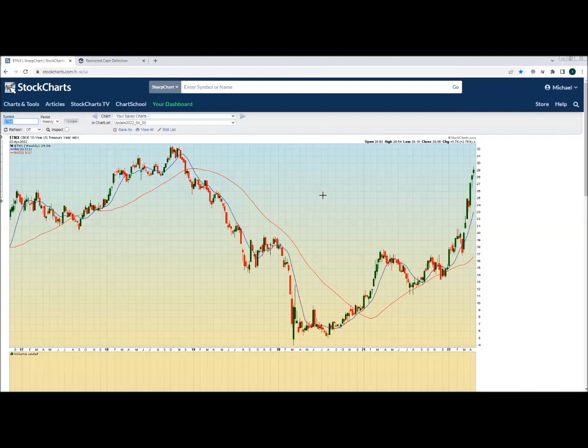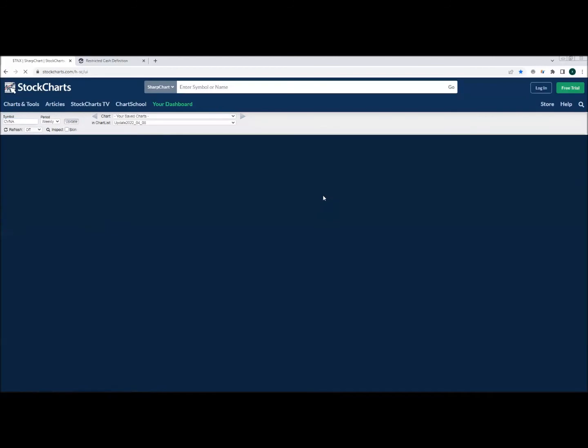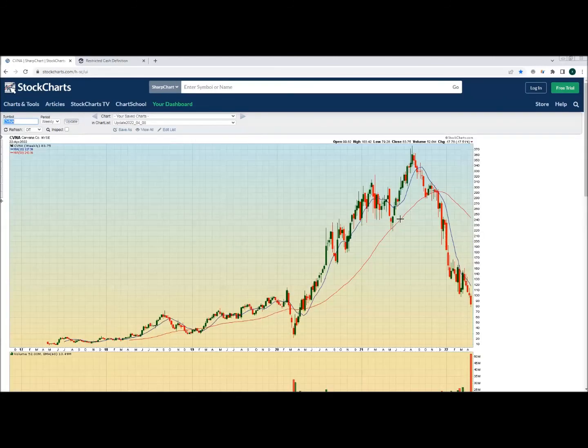Now, going back to the chart. Is that what the market's smelling here? Why does this company, with 100% growth in sales, why has this company gone down in the last 6 to 7 months?